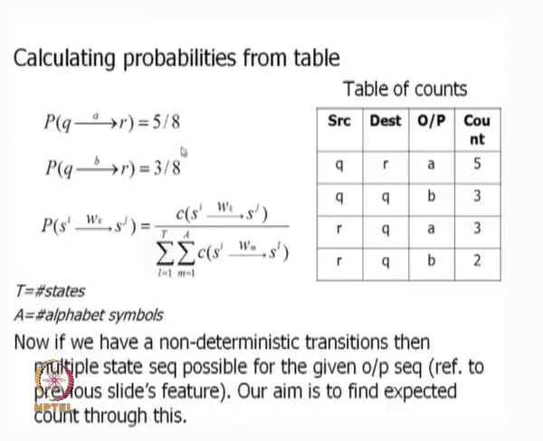So, this is a simple formula which will work in terms of exact frequency values if an observation sequence produces a single state sequence. But the problem is that we have non-deterministic transitions, and then multiple state sequences are possible for a given output sequence. So, our aim is to find the expected count.